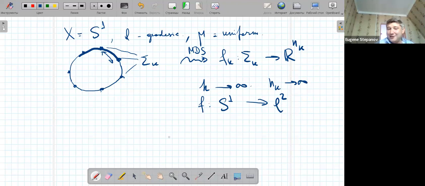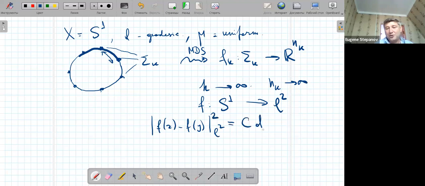And what is interesting is that, if you make a simple calculation, let's say the L2 distance, which is f of x minus f of y, in the sense of this Hilbert space, the squared L2 distance is just a constant multiplied by the geodesic distance between x and y.